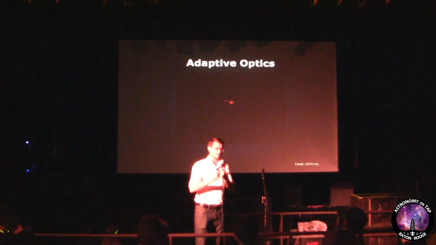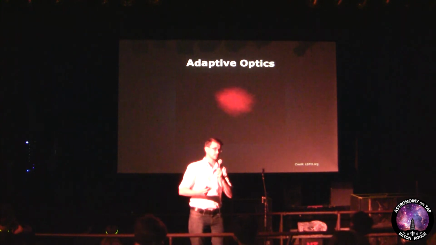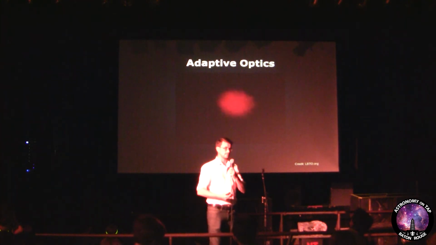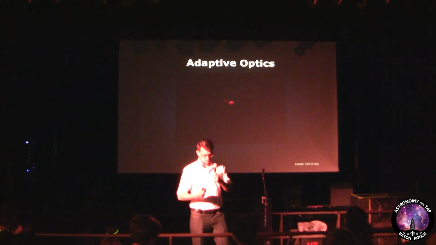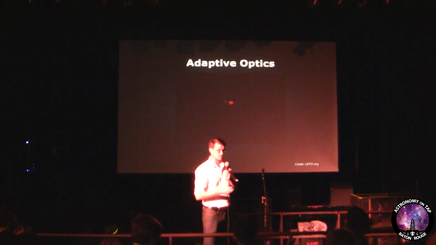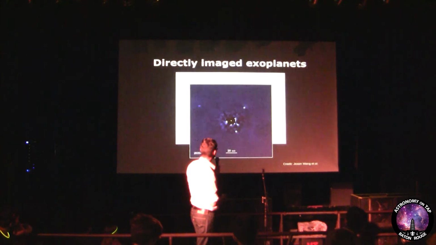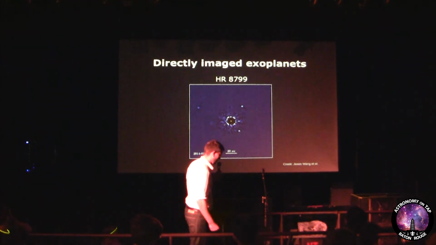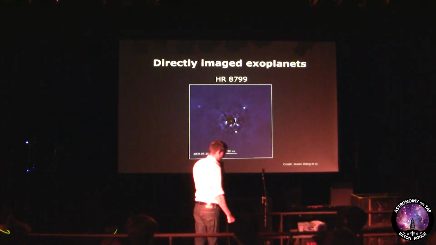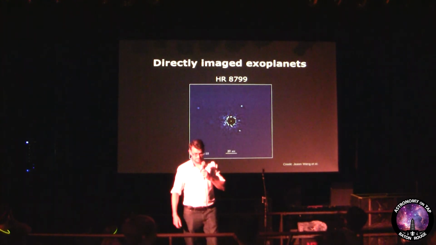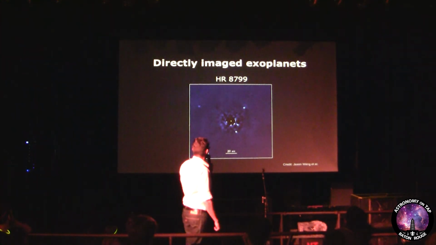So with that, we can actually increase the spatial resolution and also increase our sensitivity, which means we can observe much fainter objects. So these are the 2 ingredients needed to perform direct imaging. Now, this is a very popular or famous example of a direct image exoplanet system, HR 8799.